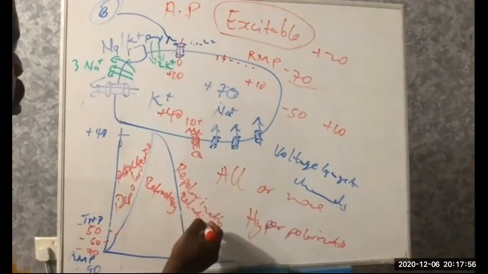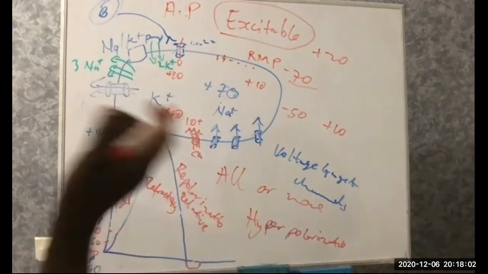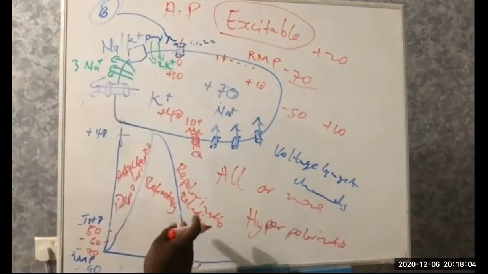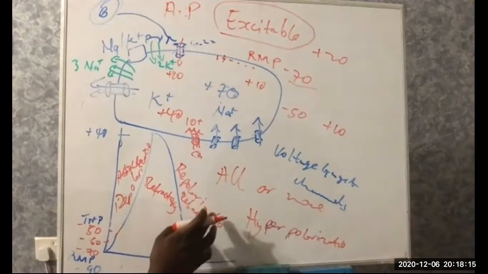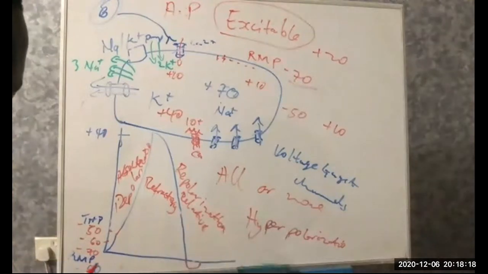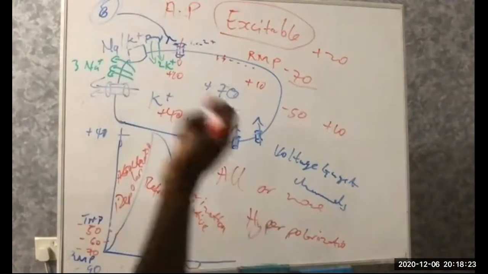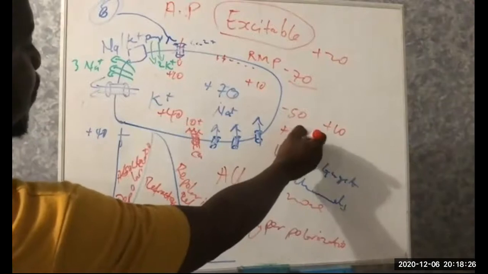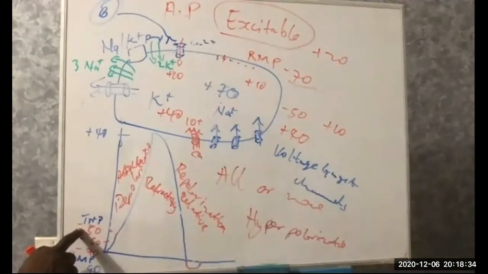Why? Because during the repolarization period, if the intensity of the stimulation is so high, it can cause generation of a new action potential. Exactly at the hyperpolarization level, we've reached minus 90 and the threshold potential should be at minus 50.